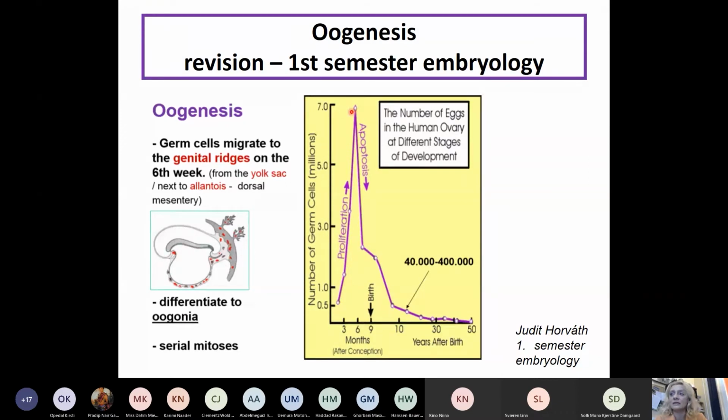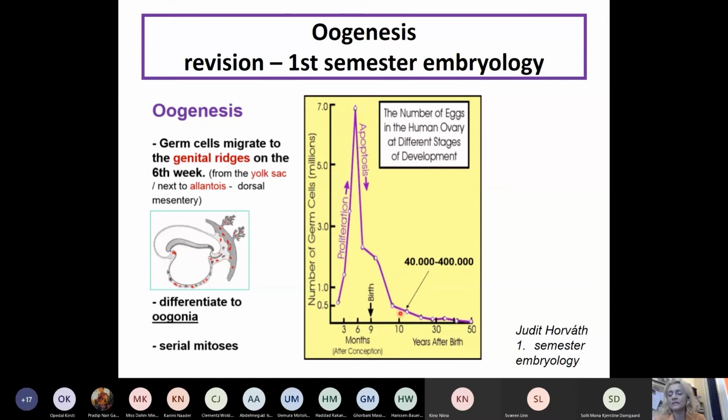And then already in embryonic life, the number is going to decrease. And when we are born, it's between 1 and 2 million. And then during childhood, it further decreases till puberty, when actually oogenesis will continue.